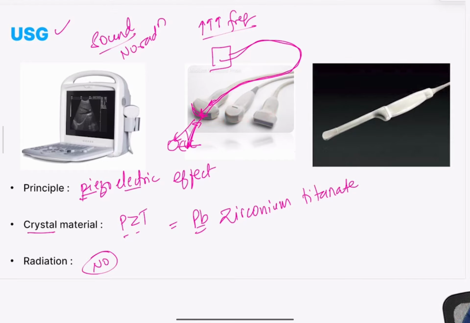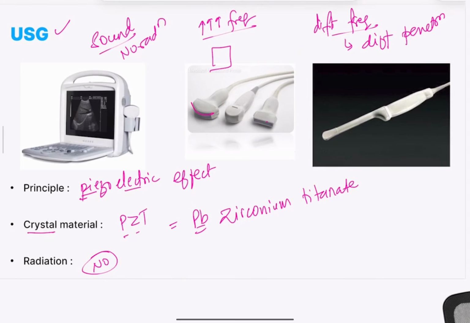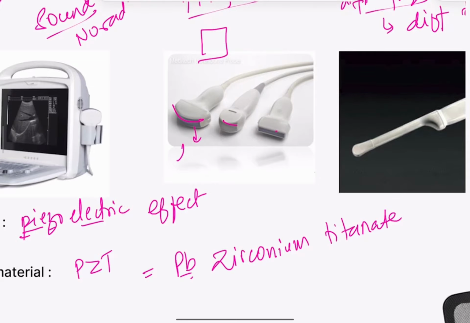Why do you have various probes in ultrasound machine? Because the different probes, they emit the sound of different frequency. So what is the advantage of different frequency? That means they will have different penetration. So when you see this probe here, which has this convex surface, convex probes, they are low frequency and they have high penetration.